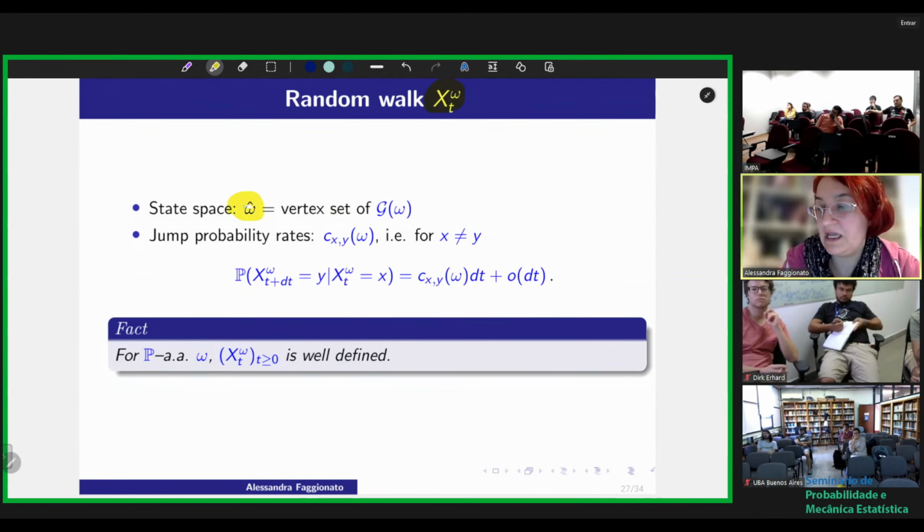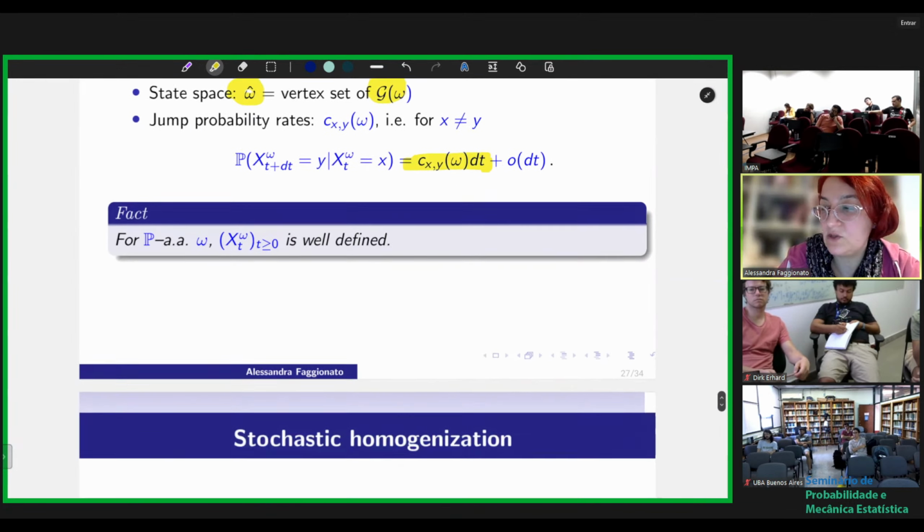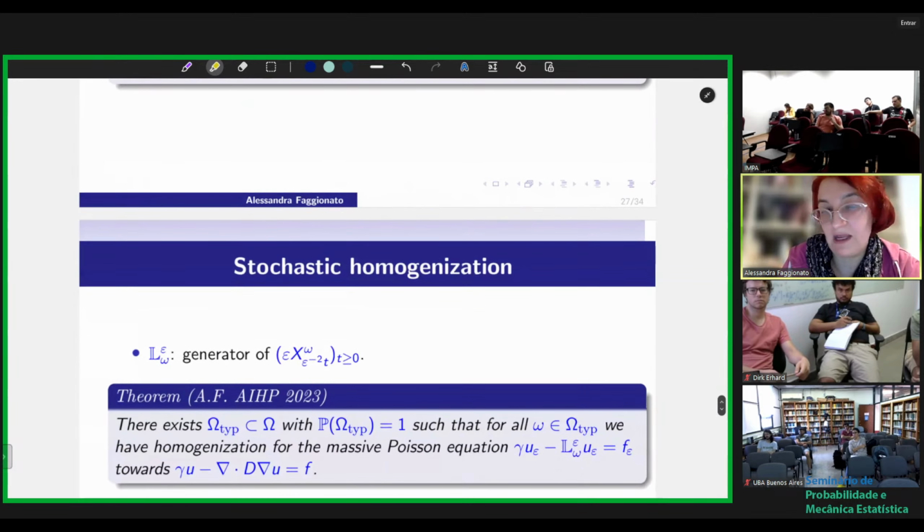It lies on the vertices of my graph, and it is a continuous time random walk, jumping from one vertex to another vertex with a probability rate, which is the conductance of the edge. So it jumps only between nearest neighbor vertices in my graph. Note that the graph can also have very long edges. Okay, and under my condition, this random walk has no explosion, and it's well defined.